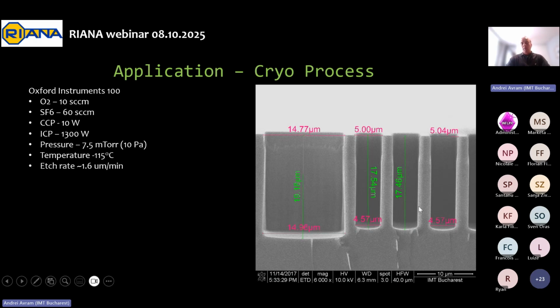Also, this is a very nice picture for you to see. As you can see, this is the same structure etched in the same process, but these 5-micron openings are just 17.5 microns deep, while this 15-micron opening is like 19 microns deep. So the etch rates that you can obtain in a plasma etching system are highly dependent on the local loading and on the opening of your structure.